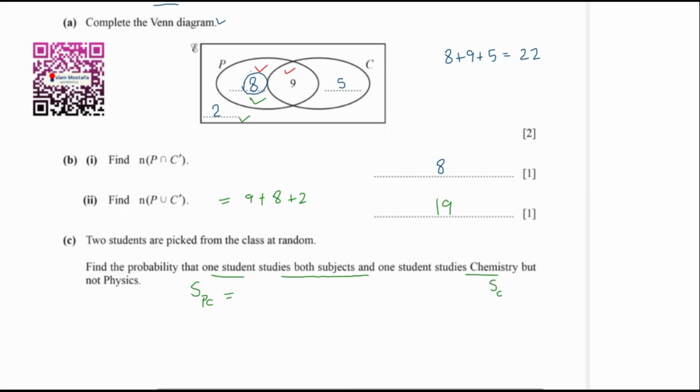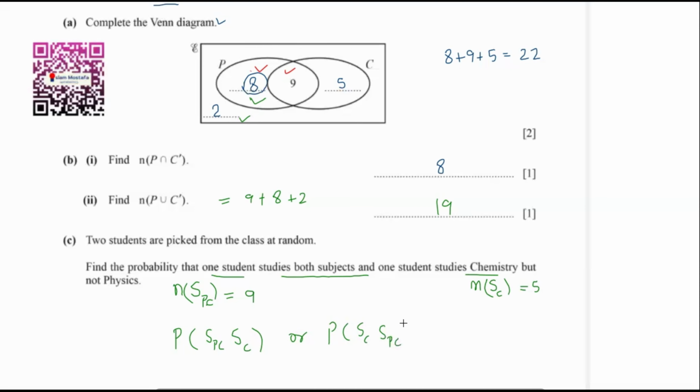The number of students who study physics and chemistry is 9, and the number of students who study only chemistry is 5. Now for the probability of two students picked from the class, the first possibility is that the first student studies both physics and chemistry and the second studies only chemistry, or the probability of a student who studies chemistry only and then one who studies both subjects.